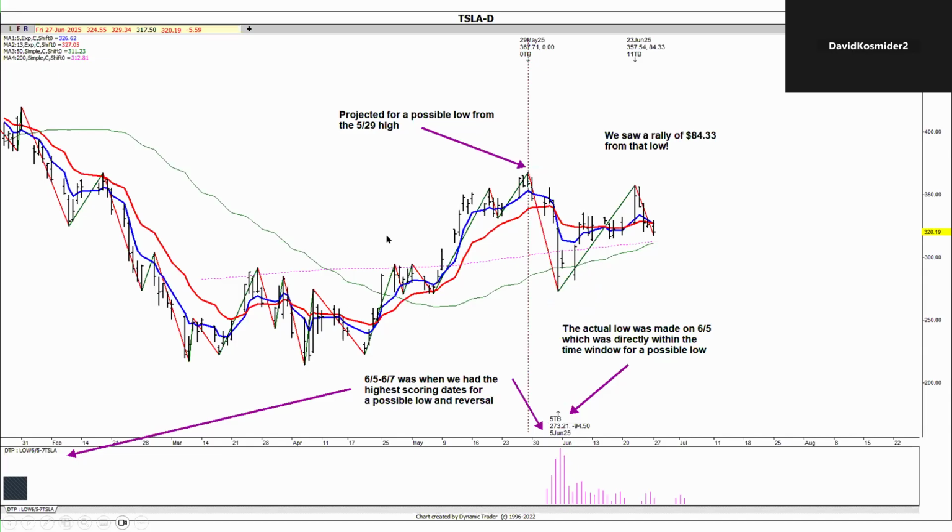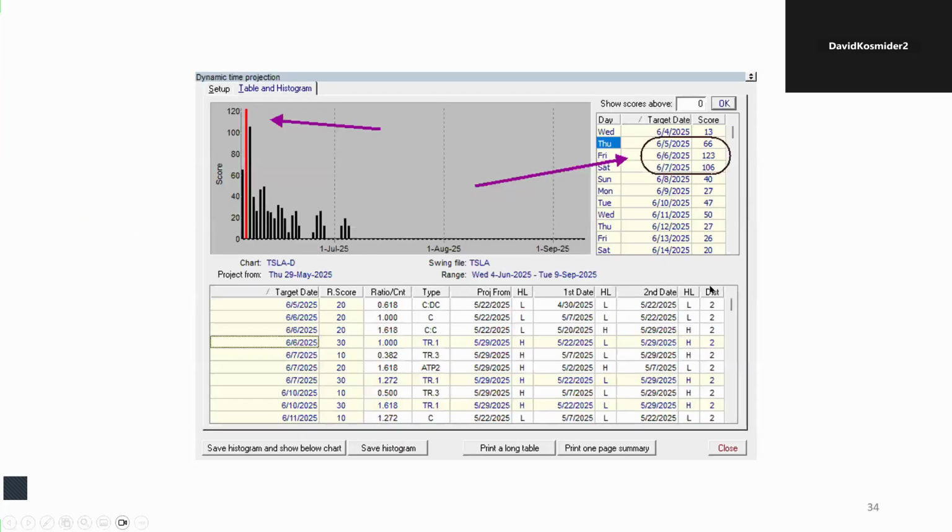I'll give you a few more examples in timing work. Oh yeah, this is what it looks like inside the program. This is, again, the dynamic trader software. And basically, I had projected from the last high, and then you can see where these highest scoring dates come out. And that's what I label on the chart. Okay, so it told me 6.5 to 6.7.